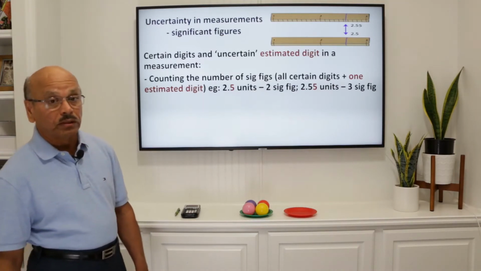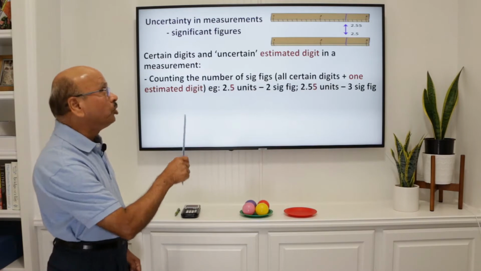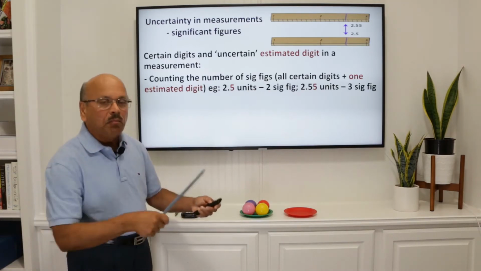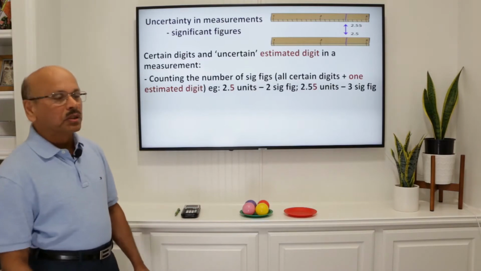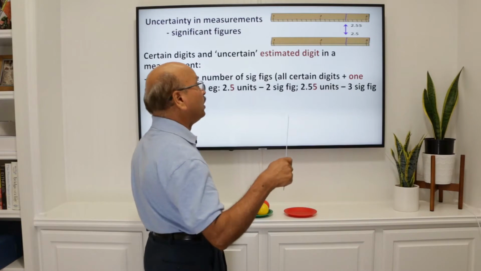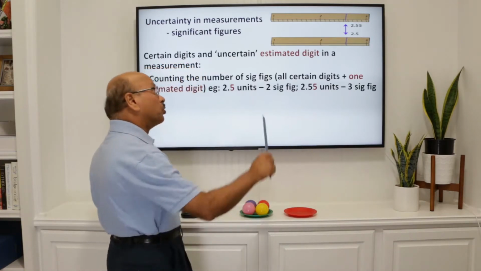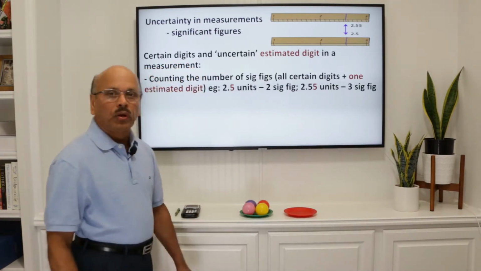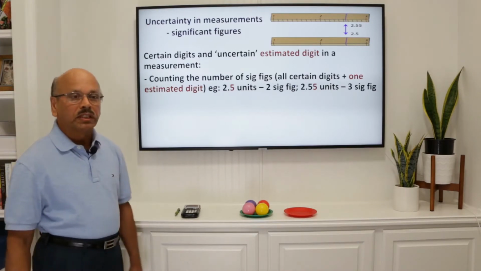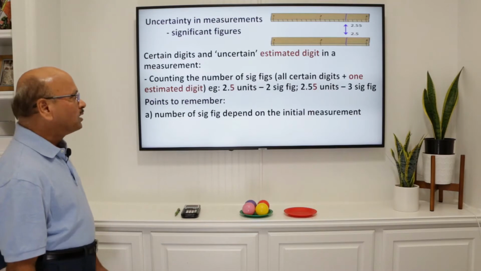Then I ask the students, why do you get 2 different numbers of significant figures for measuring the same metal bar? Most of the students will say the second ruler is more sensitive, or it has more divisions, and you are getting a better measurement by using the second ruler. So what does that mean?